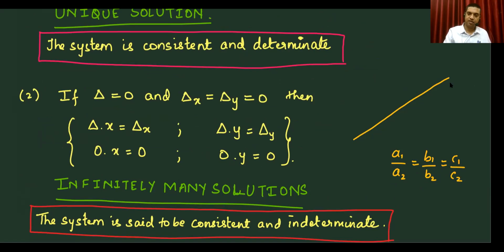The lines are coincident. That means there are infinitely many points that satisfy both the equations. They are coincident lines, so therefore you get infinitely many solutions. Understand?